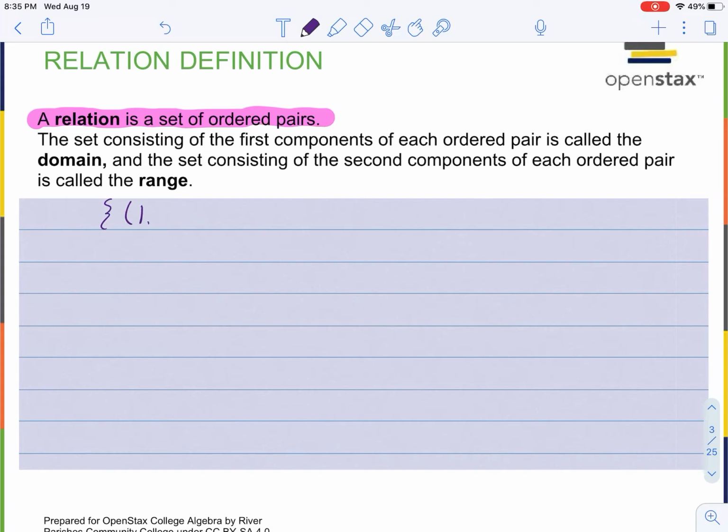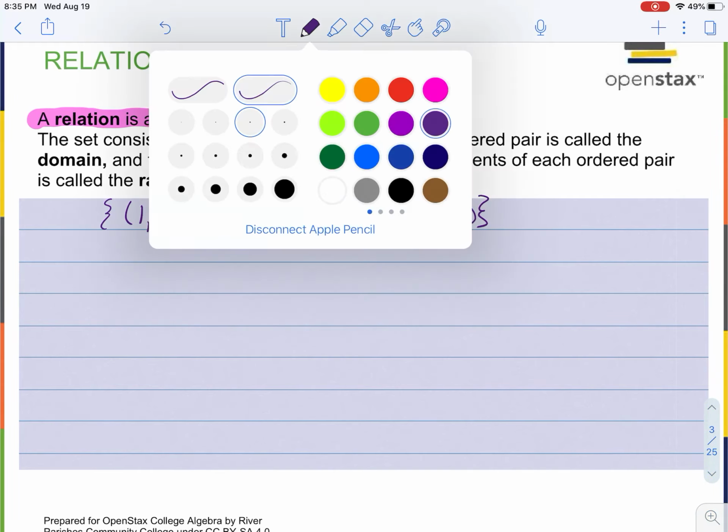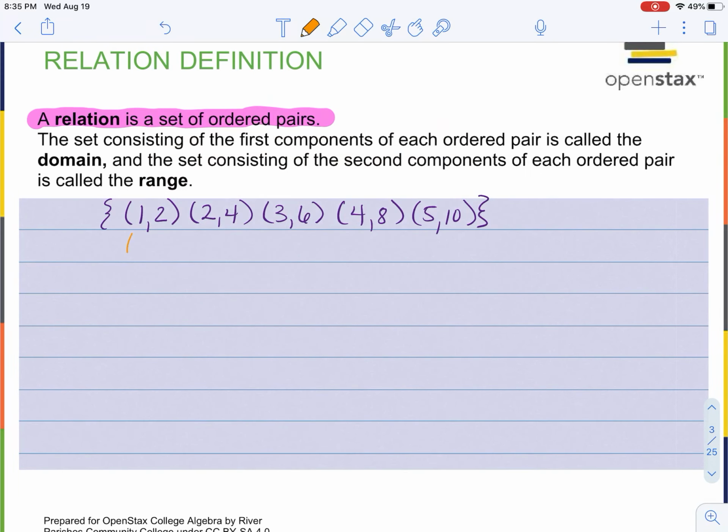The ordered pairs 1, 2, 2, 4, 3, 6, 4, 8, and 5, 10. Each of the ordered pairs has an x value and a y value. So in the case of the first point, 1 is the x and 2 is the y.